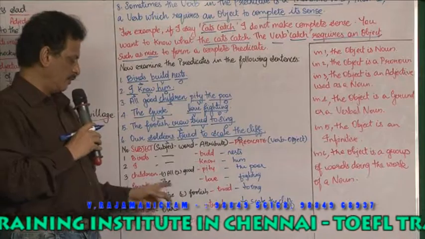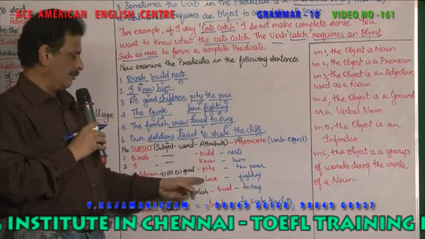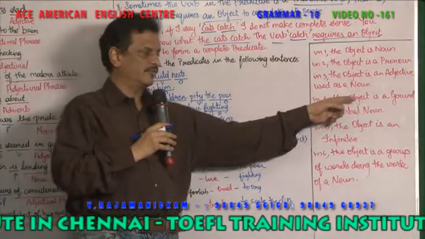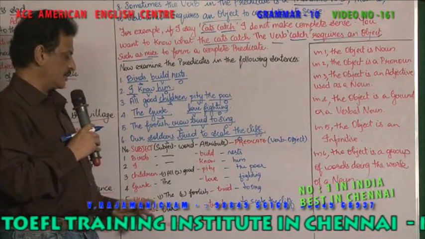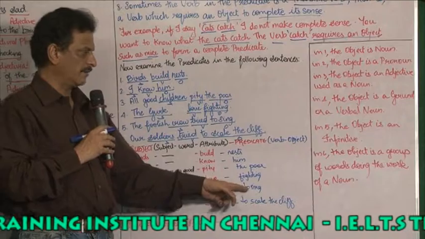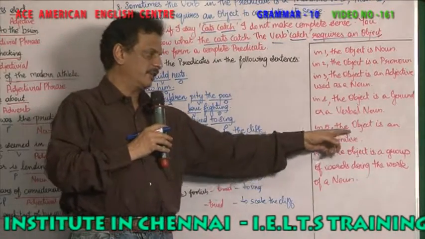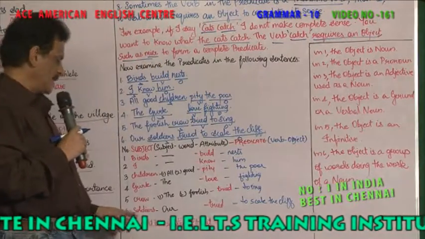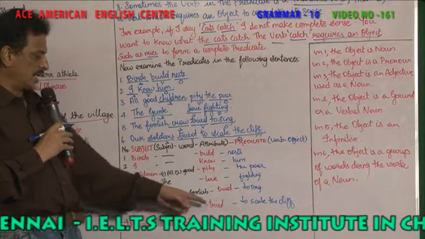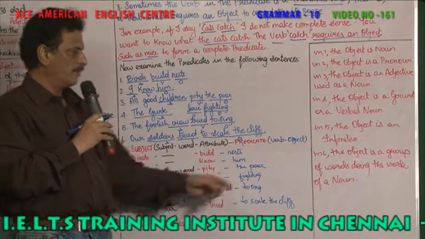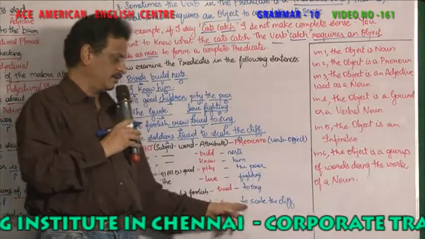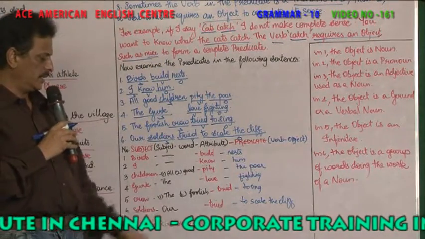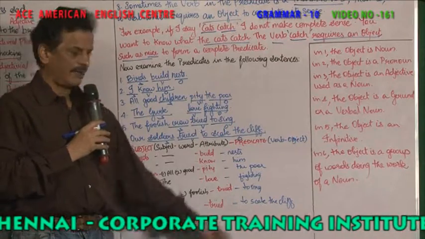In the fourth, the gurk love fighting, this fighting, the object, is a gerund. In sentence 5, the foolish crow tried to sing, the to sing becomes an infinitive. The object is an infinitive. In sentence 6, our soldiers tried to scale the cliff, the object is a group of words doing the work of a noun, to scale the cliff.